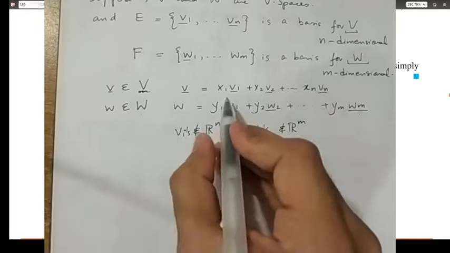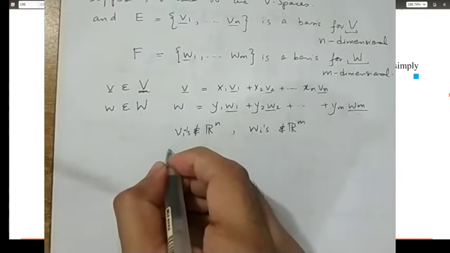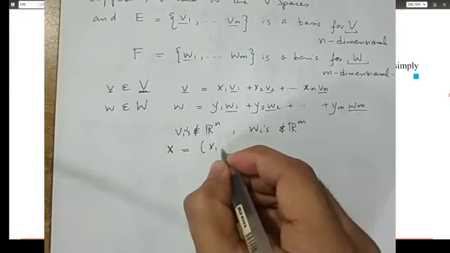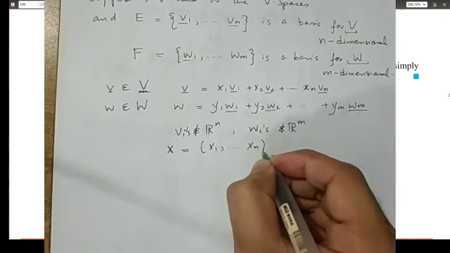But from these x1 to xn, I can make a vector x, which is (x1, ..., xn).